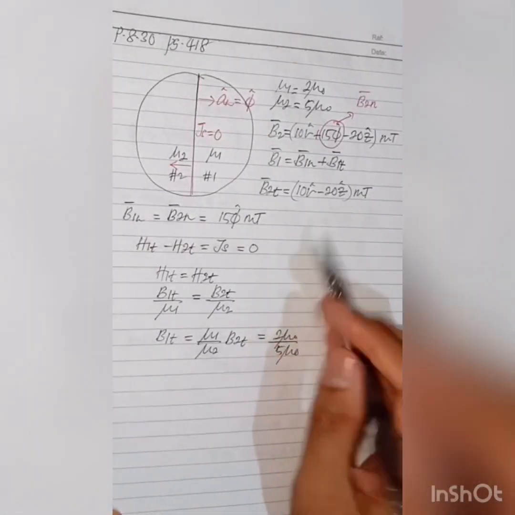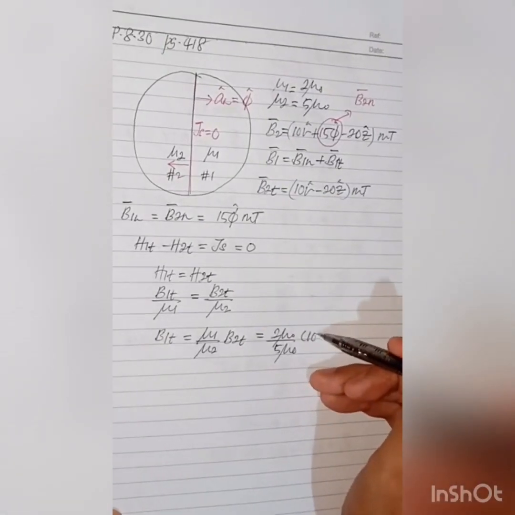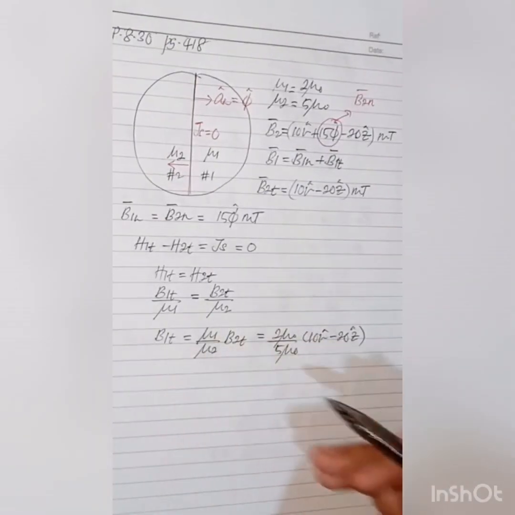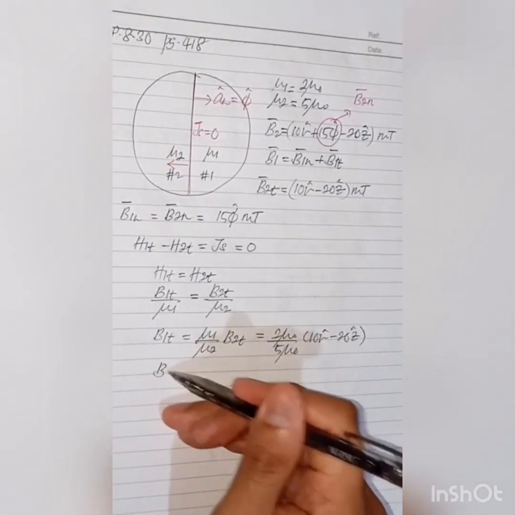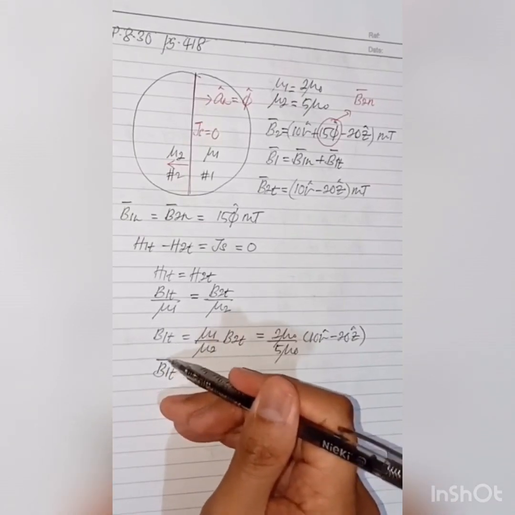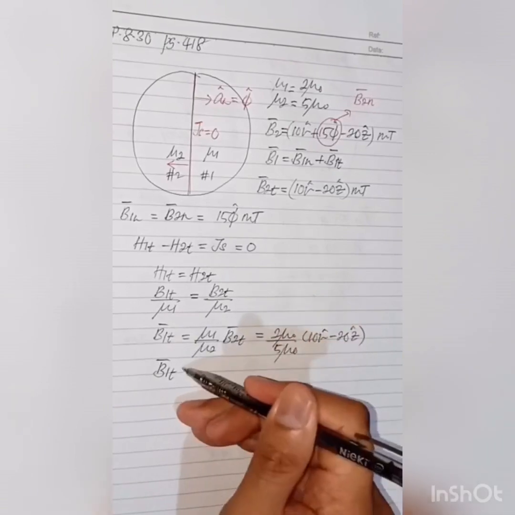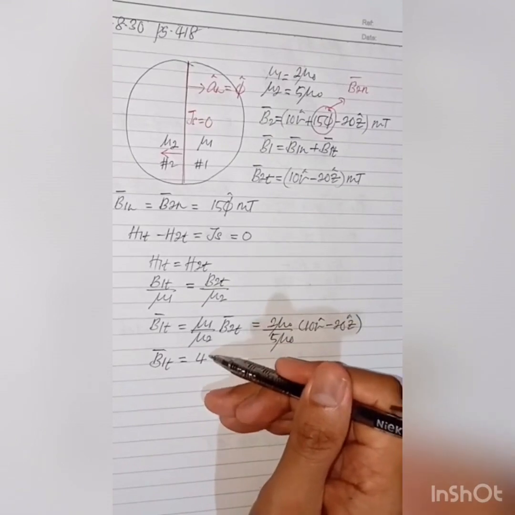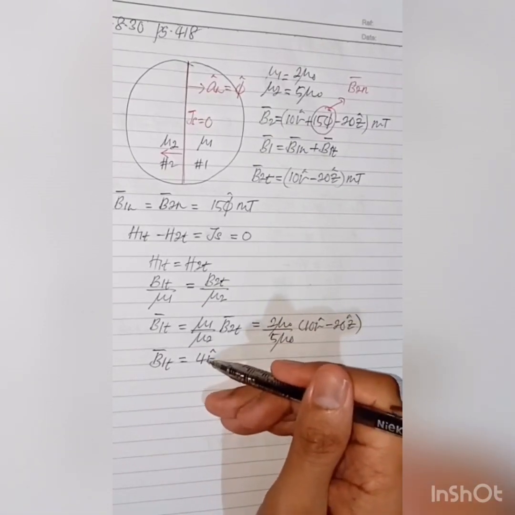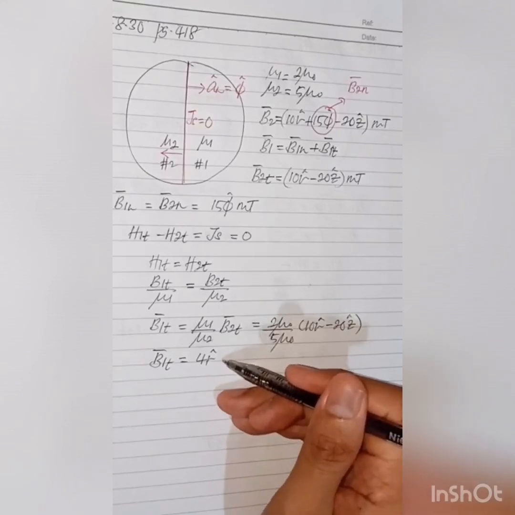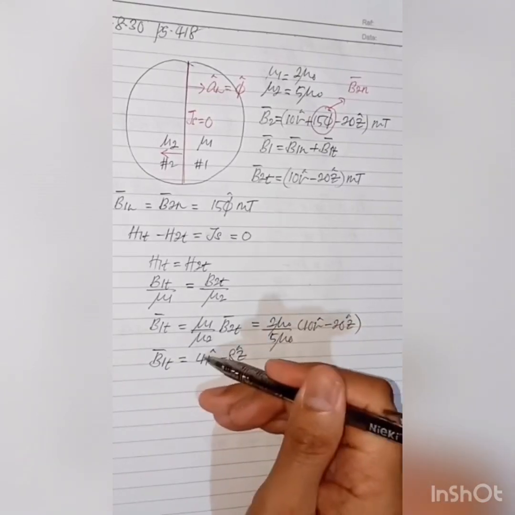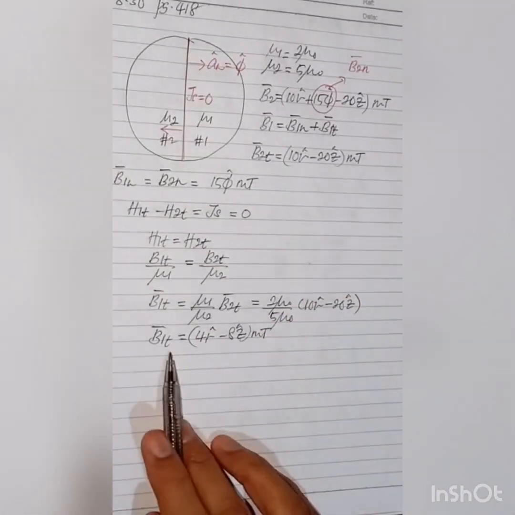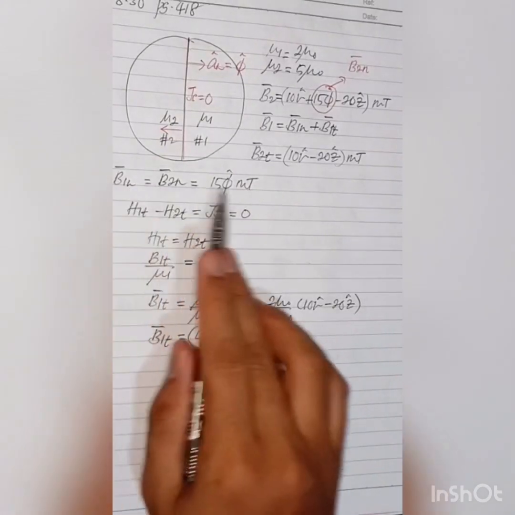And then the B2T as shown there, 10 R component minus 20 Z. So proceed to the end, you can find the B1 tangential component will equal to 4 R component minus 8 Z component milli-Tesla. Yes, so this is our B1T, and we do have already our B1 as shown here.